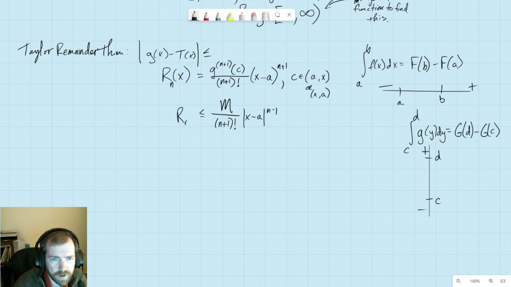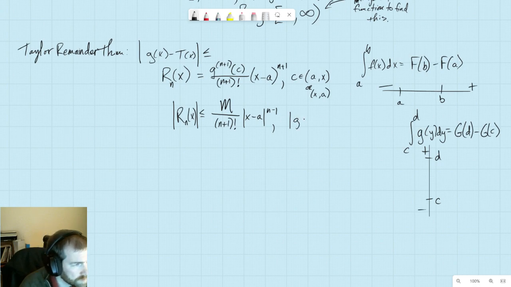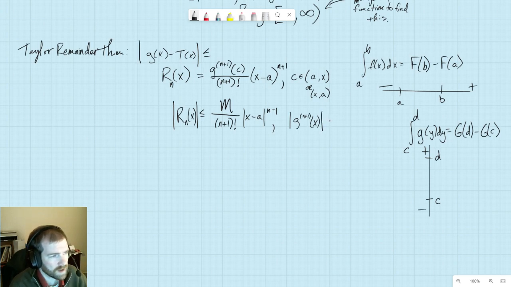So a remainder is going to be less than that amount, absolute value, where absolute value f or g, n plus 1th derivative at x is going to be less than or equal to m.